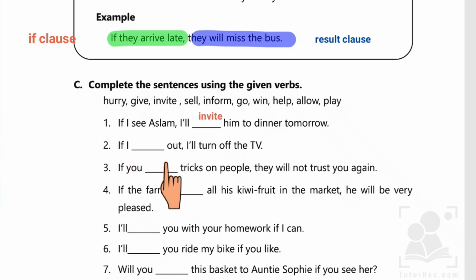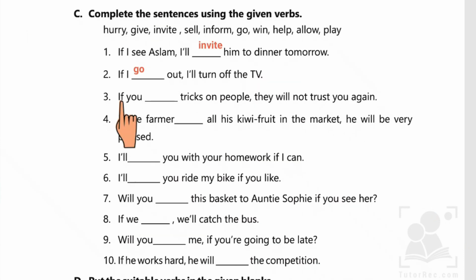Second, if I go out, I'll turn off the TV. If you play tricks on people, they will not trust you again.